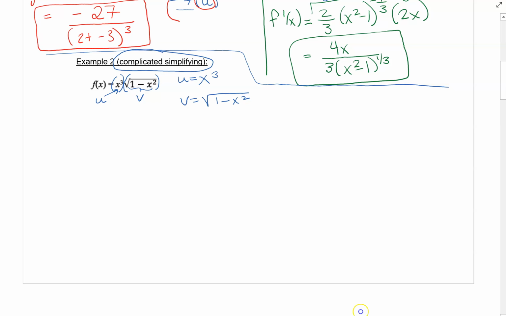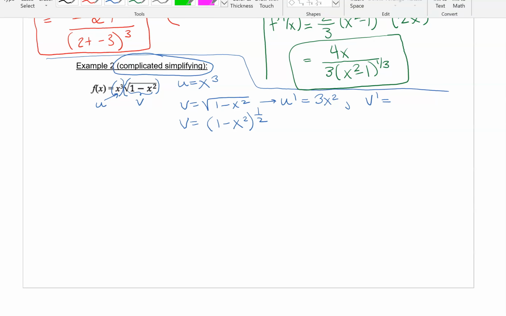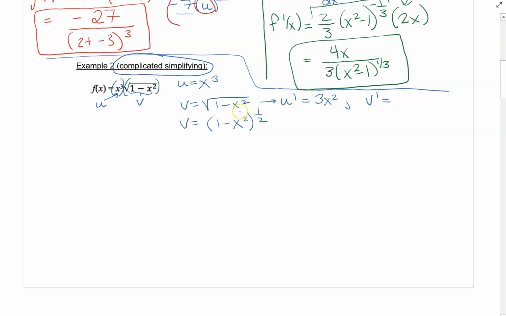And then u prime, because I'm going to need to find u prime for the product rule, would be, using the power rule, 3x squared. And then v prime is going to get a little bit complicated because I could rewrite v as 1 minus x squared to the 1/2. So taking its derivative is going to require the chain rule because I have this part plugged inside, which is its own function, right?